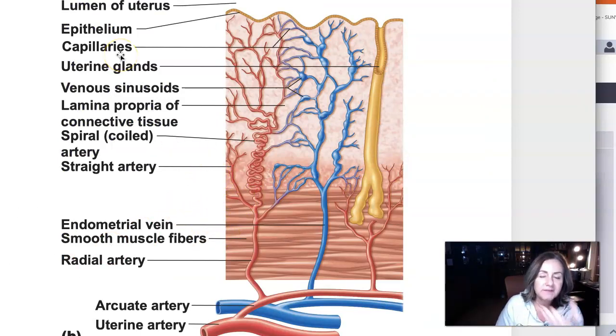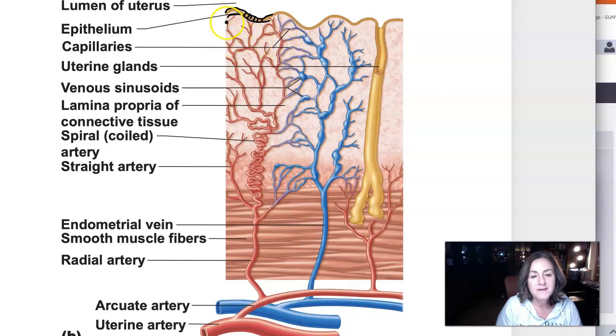When you say it's simple columnar, that might be confusing because I know you understand that simple means a single layer of cells, right? So how can a single layer of cells get thicker and thicker in the uterus? And so the simple columnar technically is this yellow tissue that they're drawing right on this outer edge, okay? And so it's a single layer of tall cells.